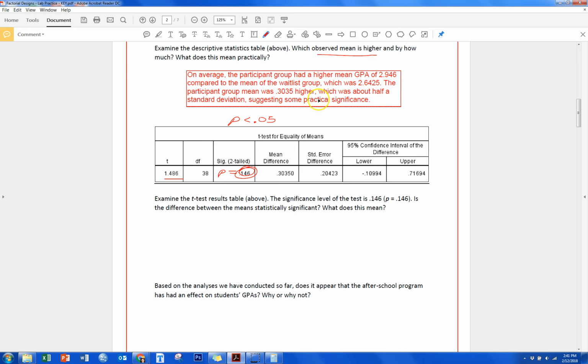So even though there may be some practical significance to this difference, there does not appear to be a statistically significant difference. So let's go ahead and make a note of that.